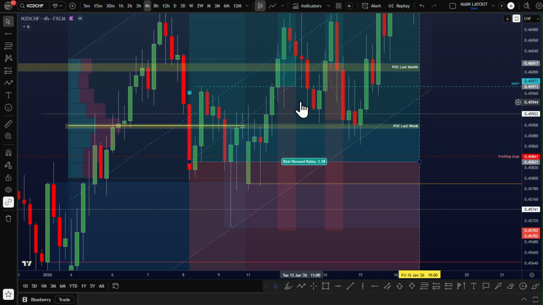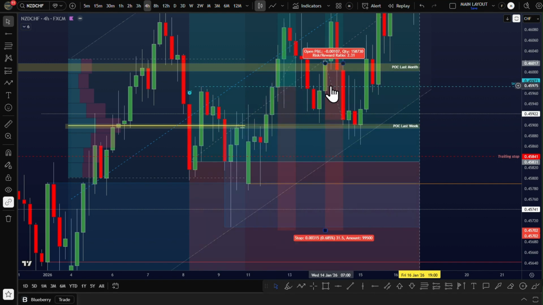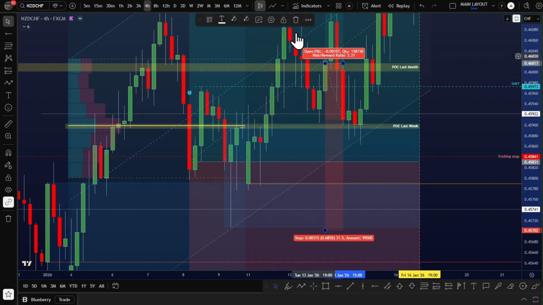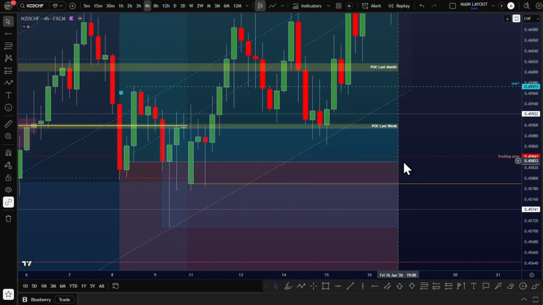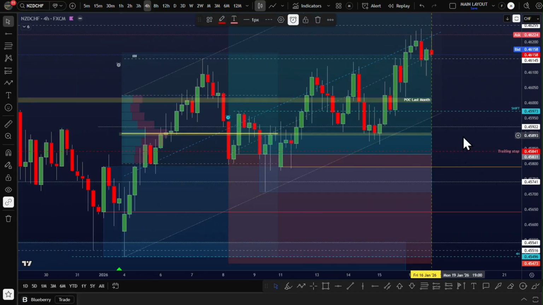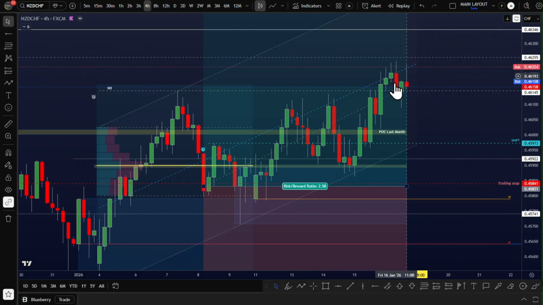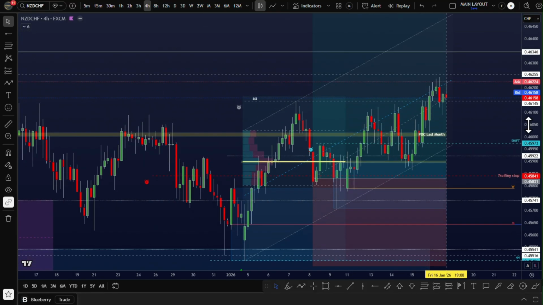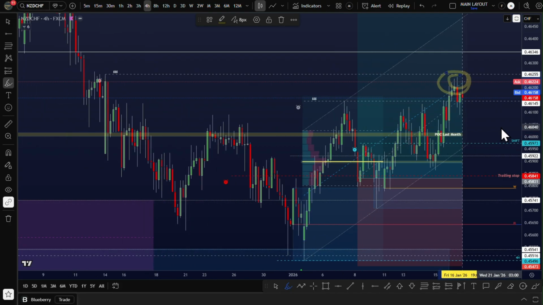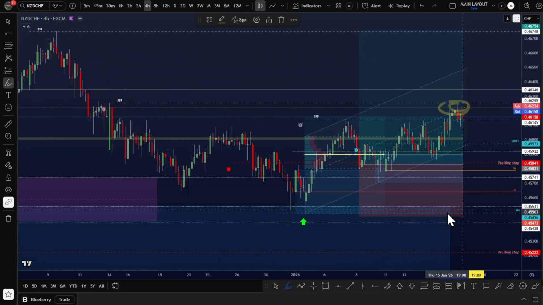So I removed these two trades from the list, this one and this one. I put my stop to break even to secure the trade, and I let the rest run as a swing trade. I think I closed around this zone.